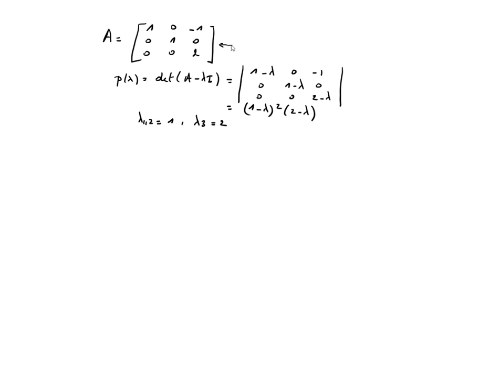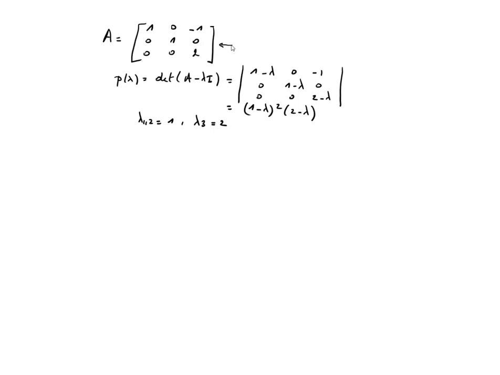This matrix is upper triangular, so to compute the determinant you simply have to take the product of the elements on the diagonal. So this is the characteristic polynomial, and you see here that you have an eigenvalue 1 that is a double eigenvalue, so it has algebraic multiplicity 2, and you have a third eigenvalue at 2.